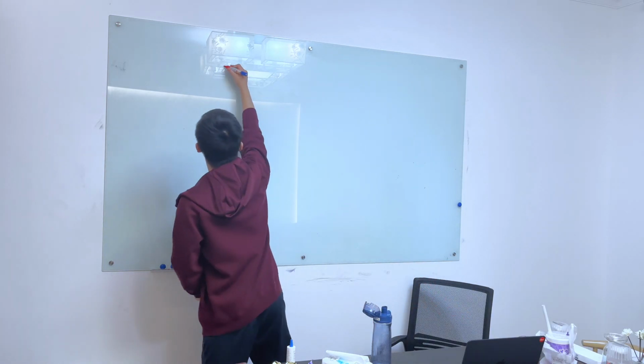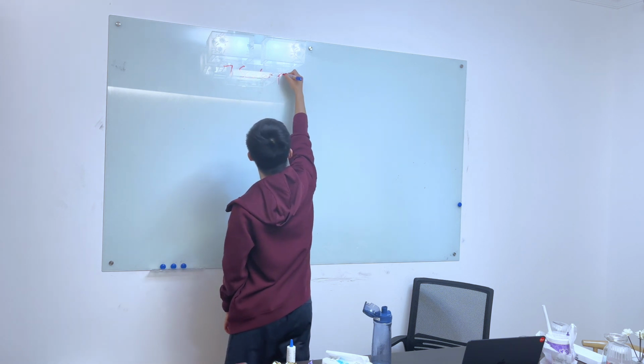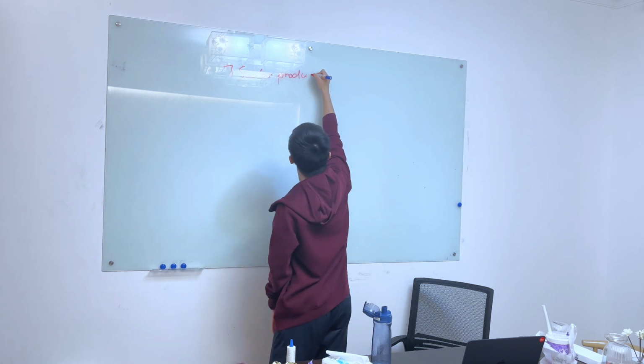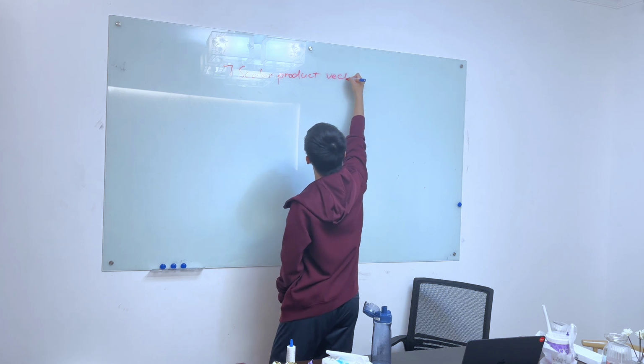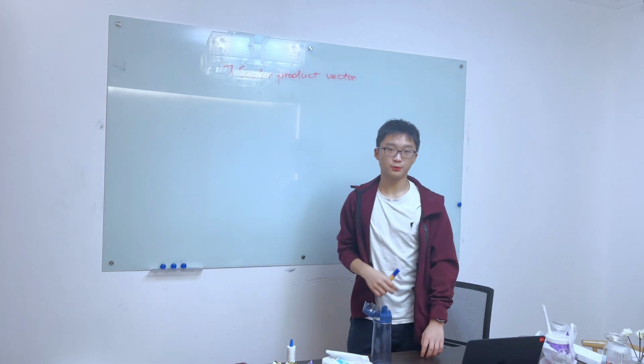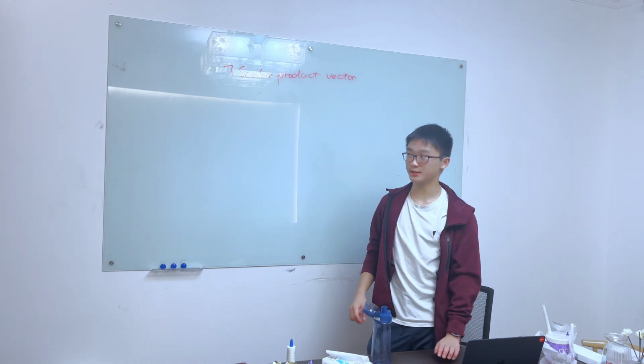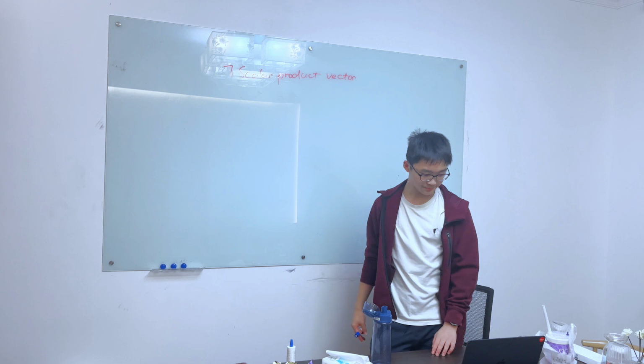Part 7, we're going to talk about the scalar product of vectors. So what we will talk about is some of the rules of it and why it is very useful, which is the applications of it in physics.